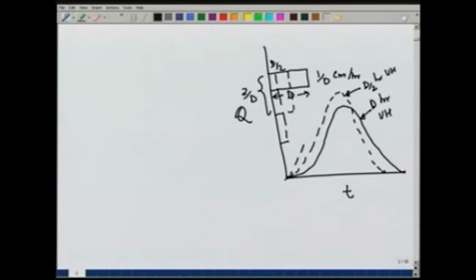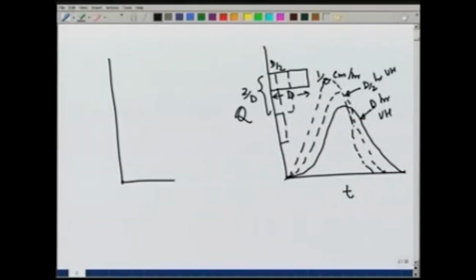So, we may get a curve which has a smaller time base, but a higher peak. Carrying this argument further, we can reduce the duration to 0, and that is why this is called an instantaneous unit hydrograph. So, this unit hydrograph is the result of a rain which occurs instantaneously.